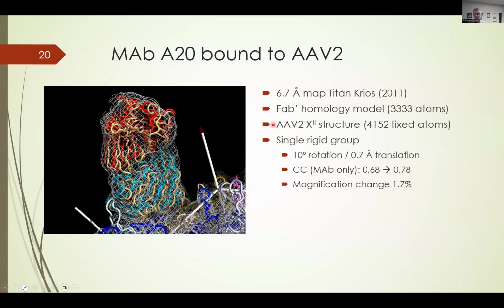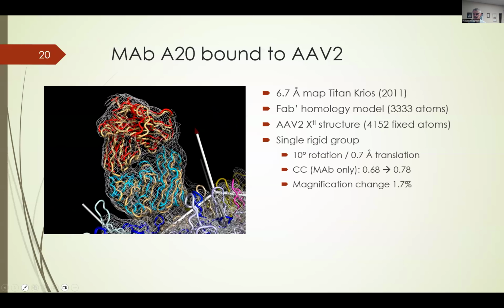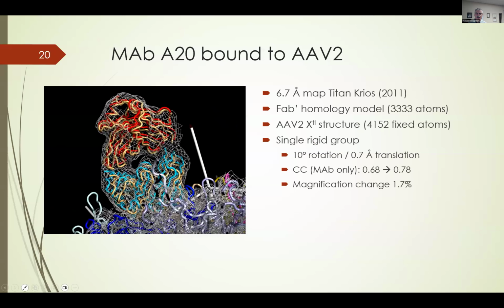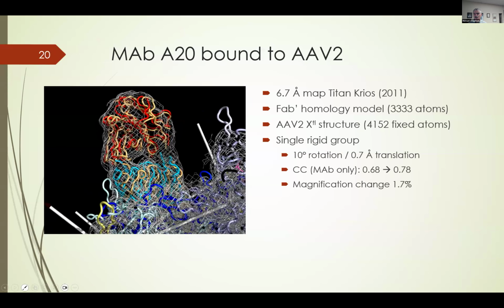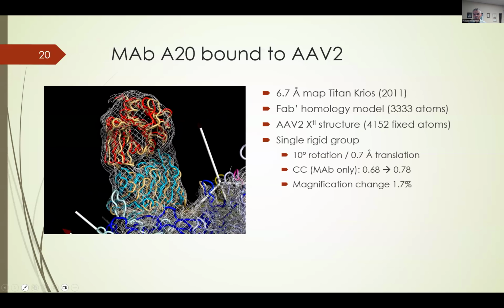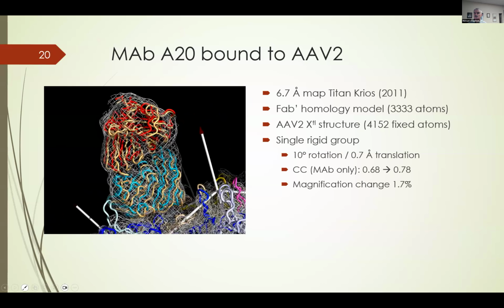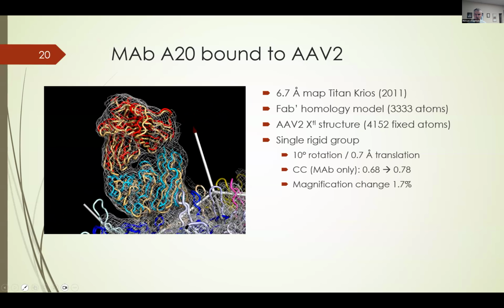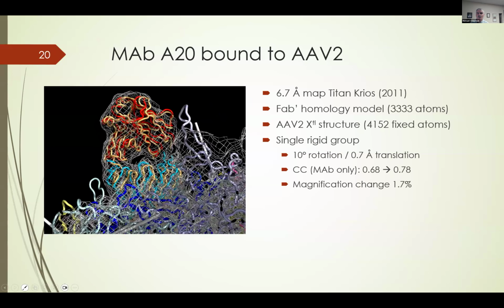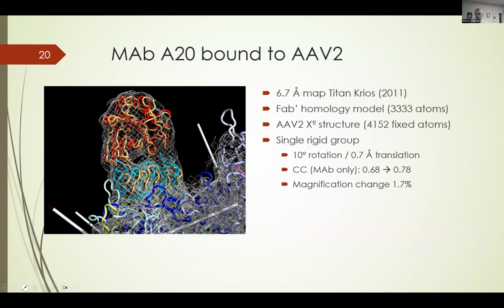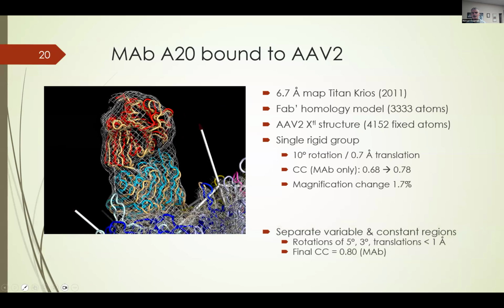When refined from a manually fit model, we saw a 10-degree rotation and improvement in correlation coefficient from 0.68 to 0.78. We had a refined magnification change of nearly 2%. I would note that now the calibration of microscopes is better, and we're seeing smaller changes to the magnification.